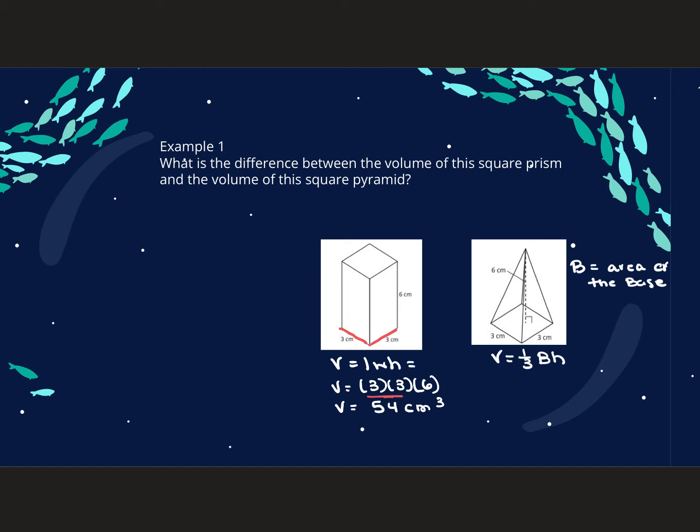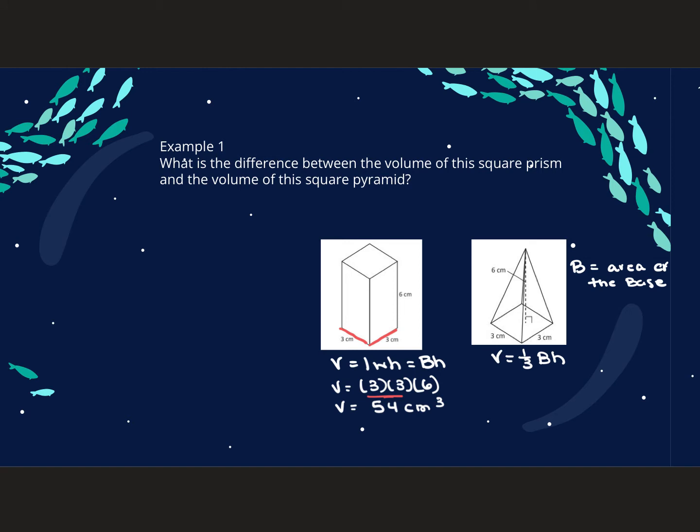So the volume of a rectangular prism is also big B times H, because you're taking the area of the base times the height. It's very similar, but the big difference is the 1/3.